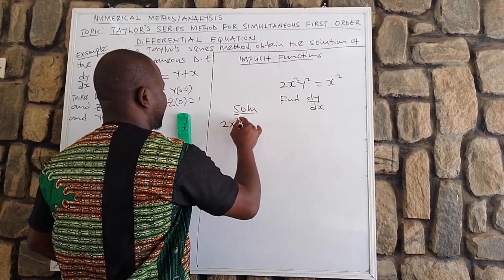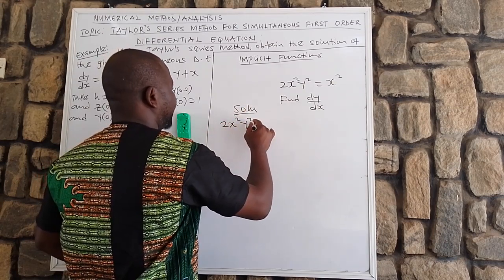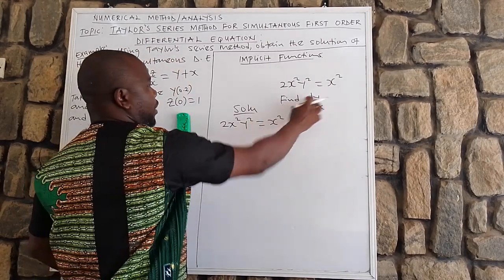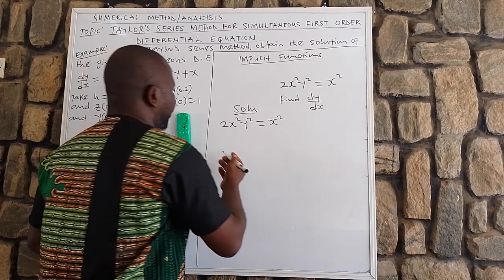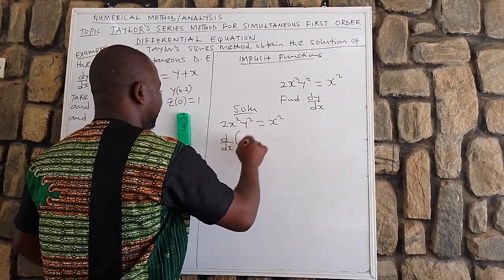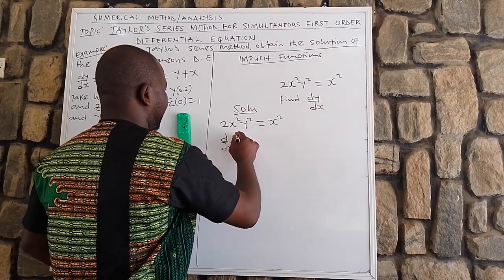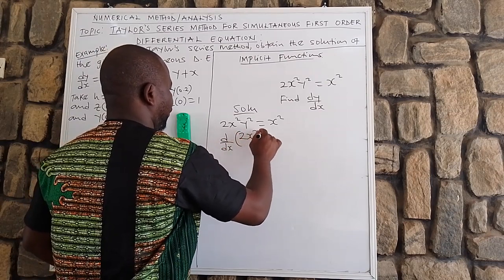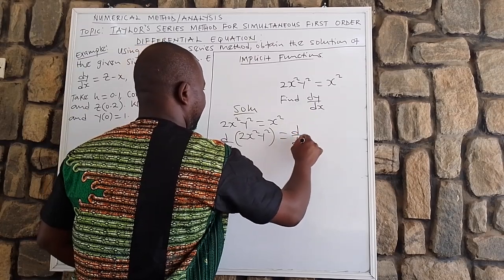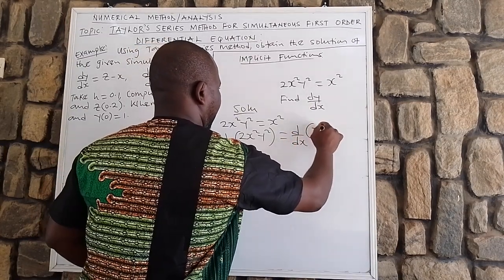Our 2x squared y squared equals x squared. So if we are to find dy over dx, let us use this method: d over dx of 2x squared y squared equals d over dx of x squared.